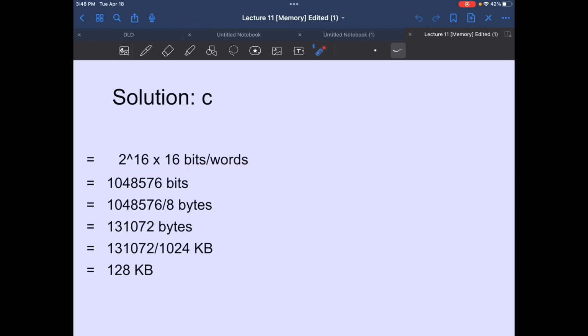We convert it and multiply it, and we get 1048576 bits. After that, if we divide it by 8, we get it in bytes: 131072. If we divide it by 1024, we get it in kilobytes. Hence, the answer is 128 kilobytes.